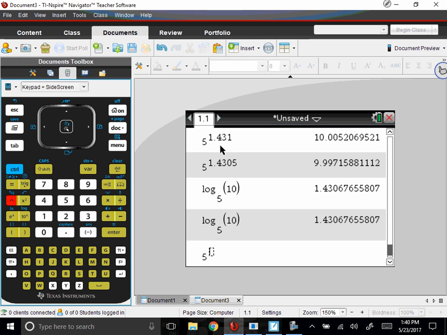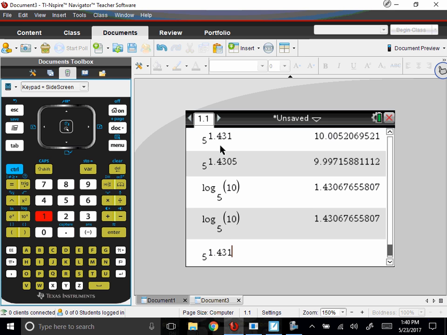So 5 to the 1.4306, 7655807, should equal 10.